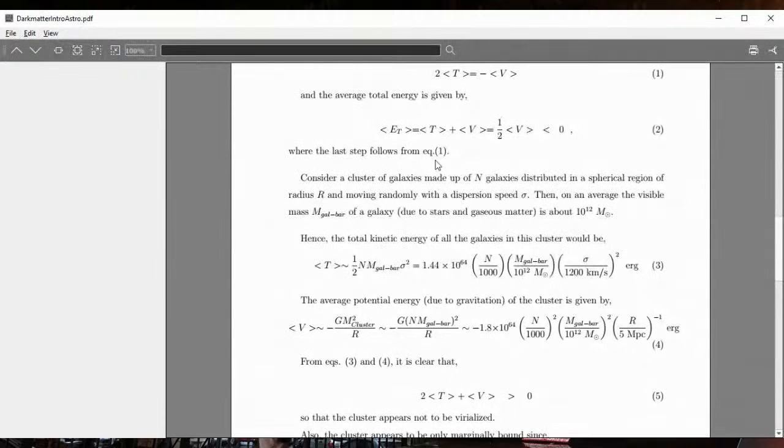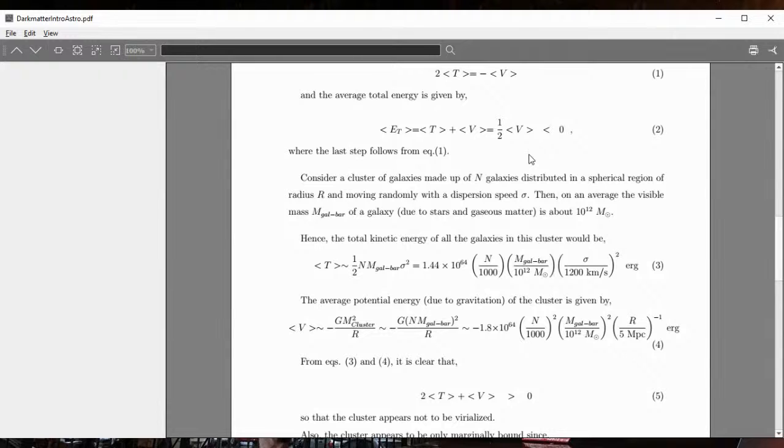How do you calculate the variance? Because each galaxy is randomly moving, first you calculate the average velocity by summing up vectorially all the velocities, and divide by N, so that will give the average velocity.